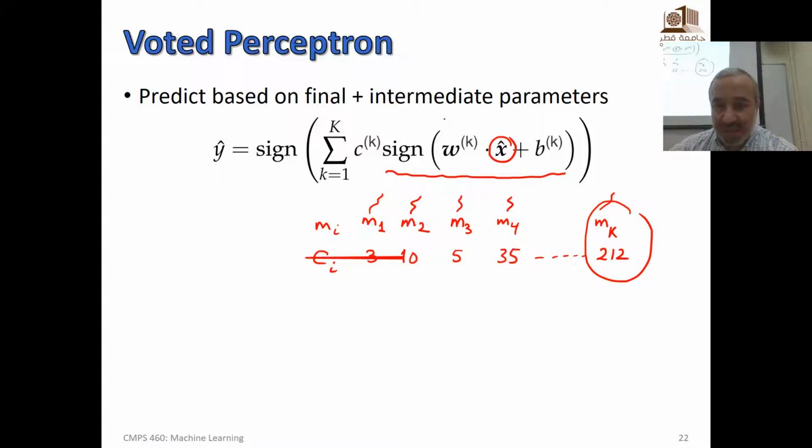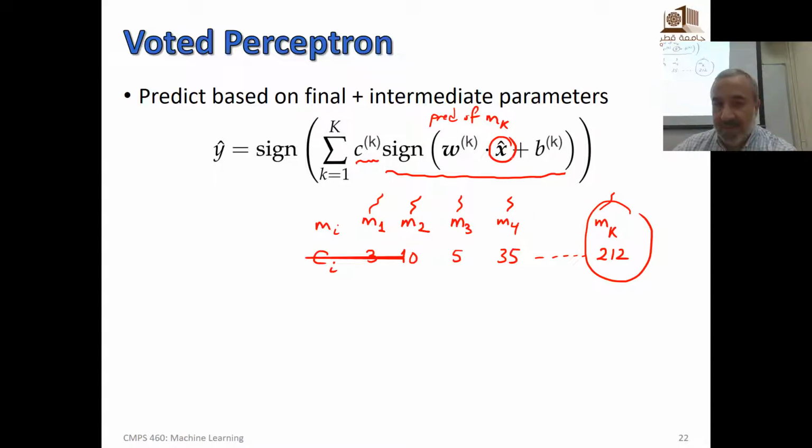So this is the prediction of model number K. Now we multiply it by the survival time of that model. And then sum over all models. So here we assume that we have capital K models.